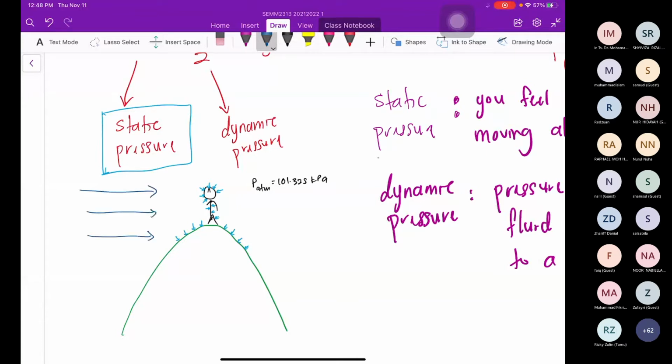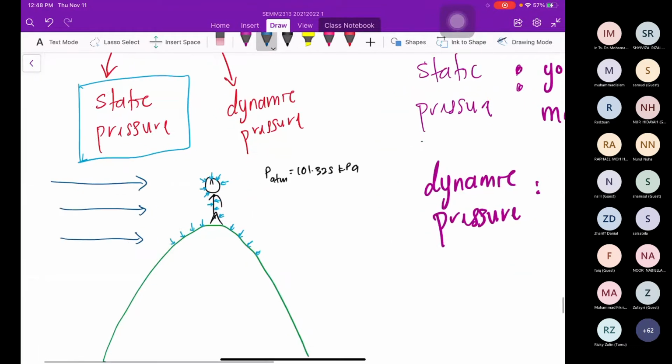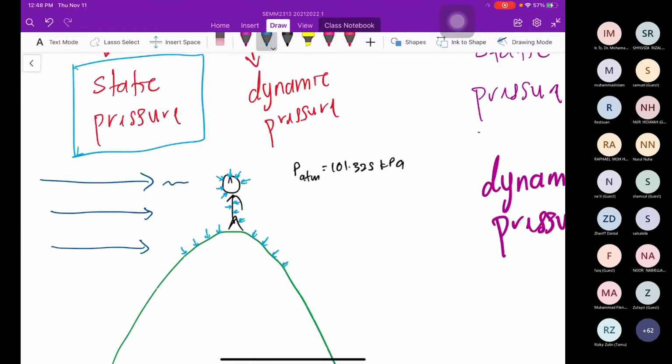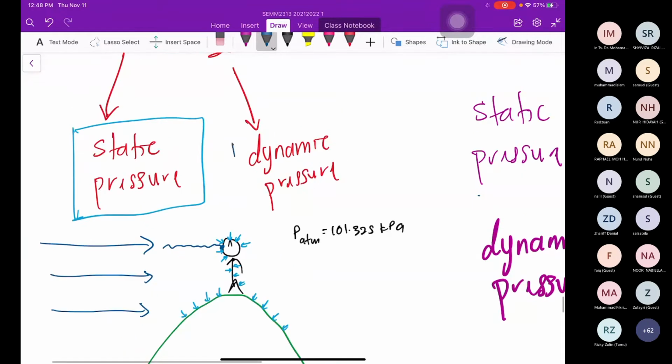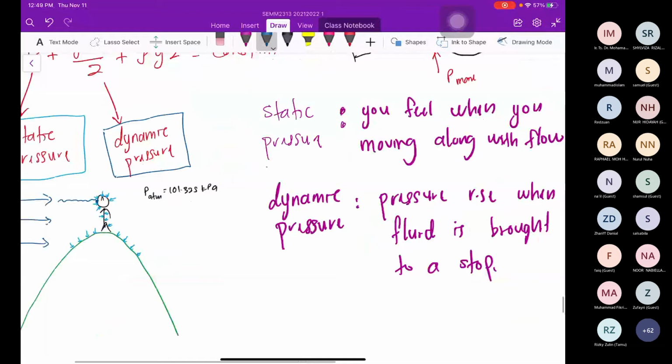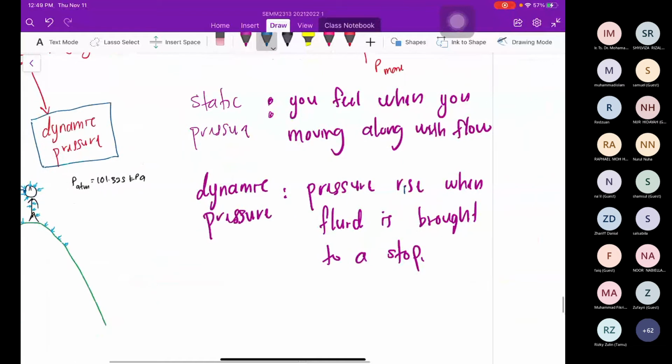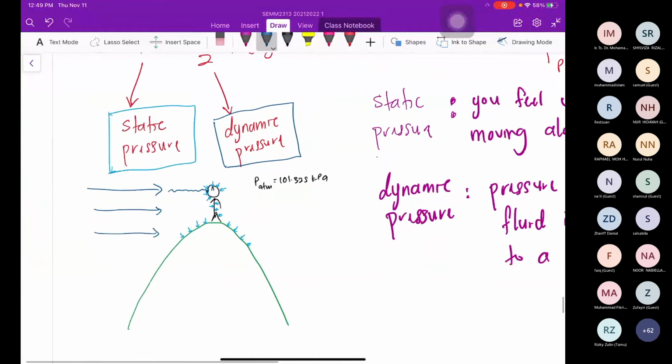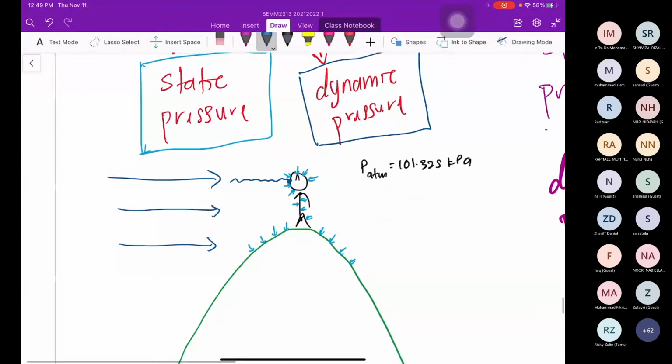Very high speed wind, and once reaching you, it will stop. You will feel the pressure from the wind. That is what we call dynamic pressure. The dynamic pressure is a pressure increase when fluid is brought to a stop. That means the flow here stops at you. You feel the pressure.